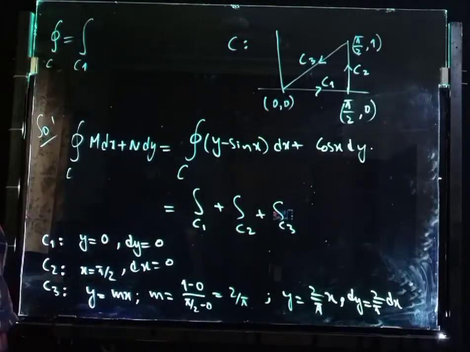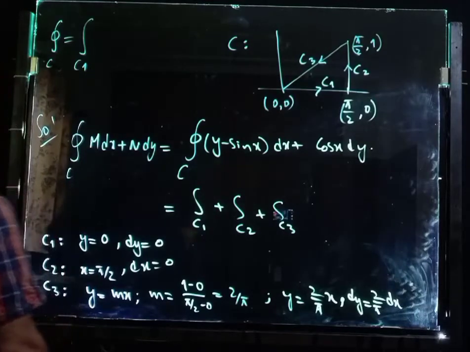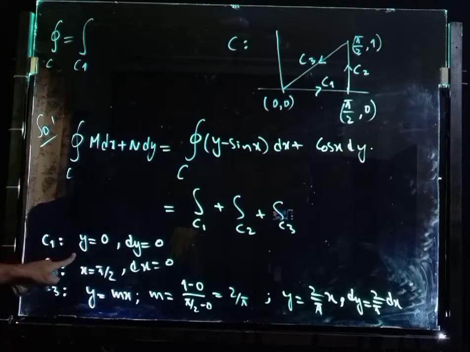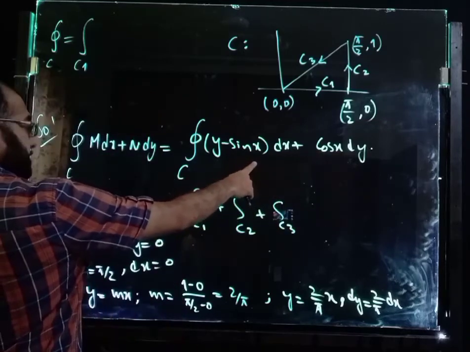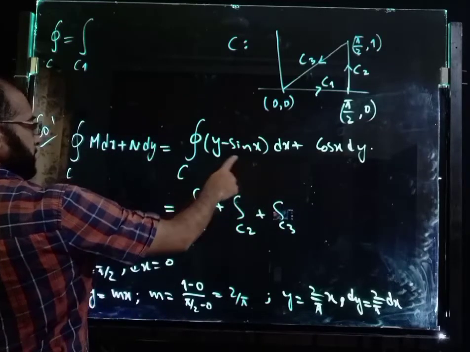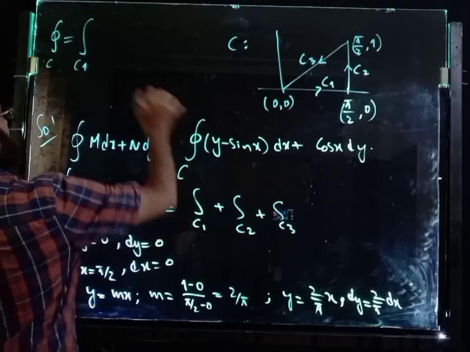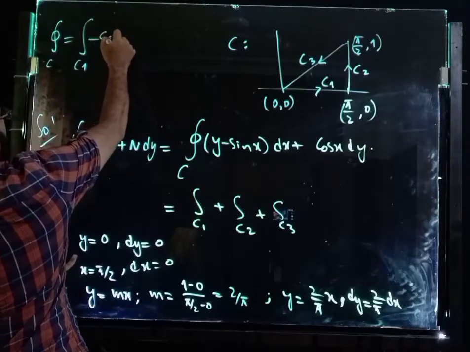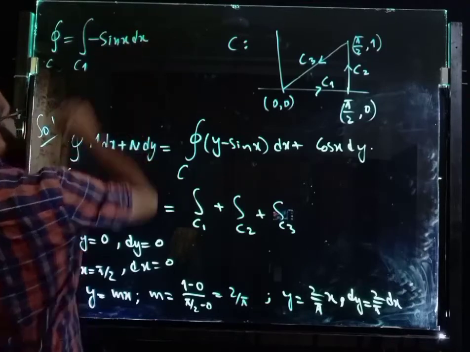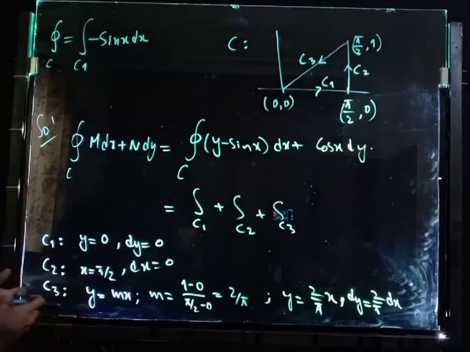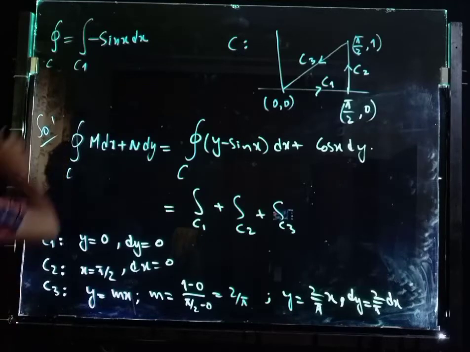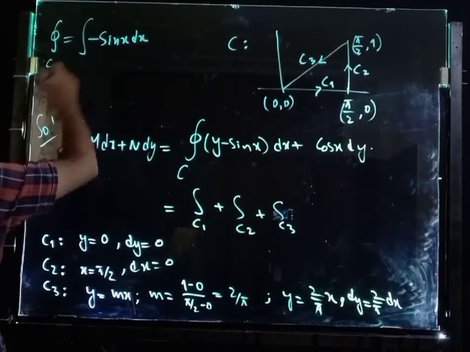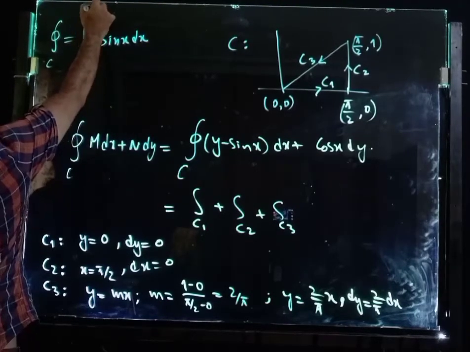Along the curve C1, y is 0, so dy is 0 and that term is finished, and y is 0, so I have minus sin x dx, and the limit for C1 is from 0 to pi by 2.